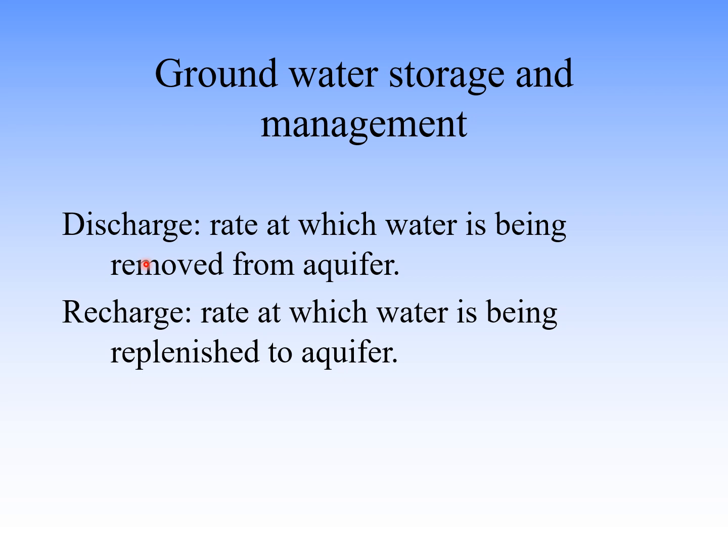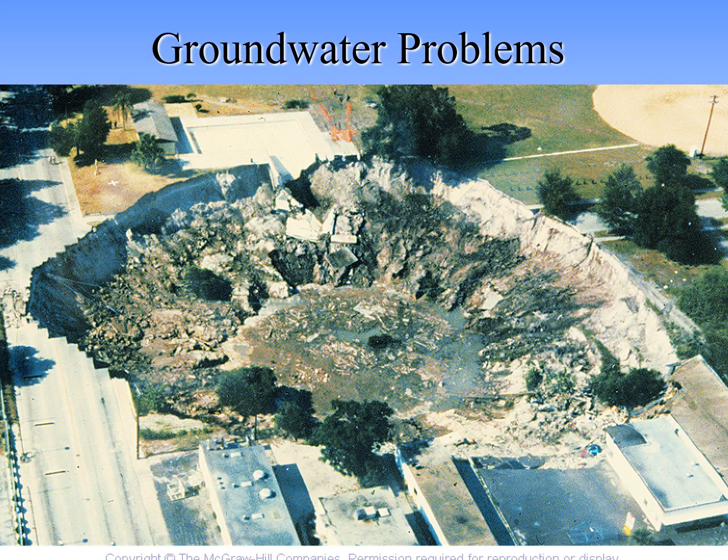And if it's filling up faster than the discharge rate, then you can basically calibrate your discharge rate to get the most water out while it's still recharging. And so these are viable, sustainable pumps, and that's what sustainable yield is. So let's talk about some problems with groundwater.